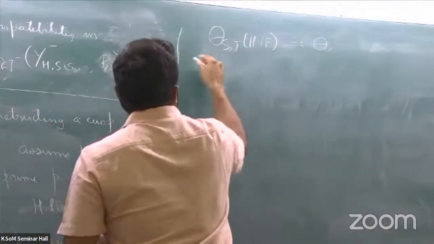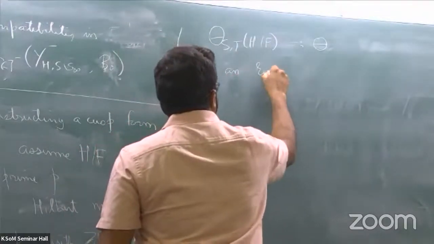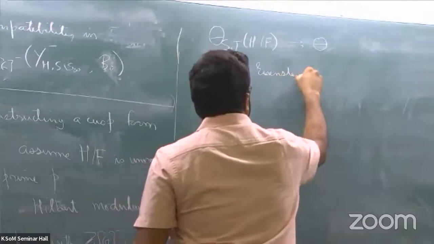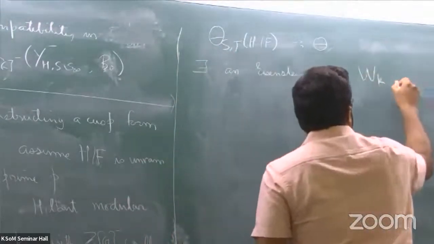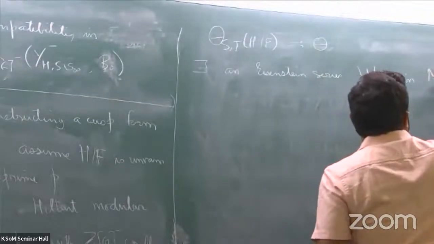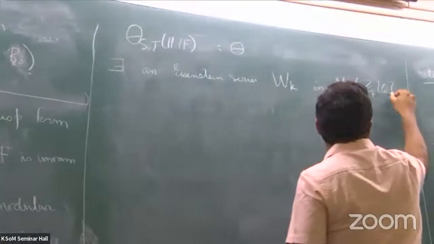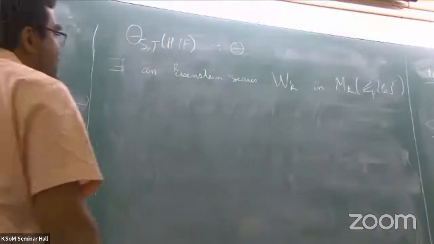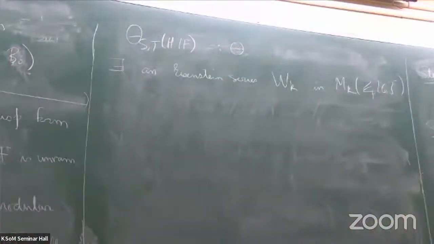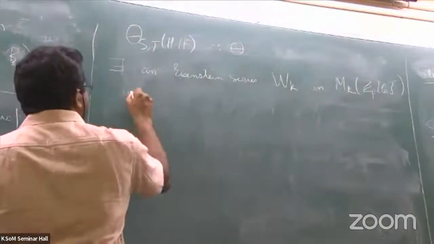So there exists an Eisenstein series, in weight k, I'm not specifying what the level is and so on. I don't really need to specify it the way I'm presenting it, but there's an Eisenstein series with constant term.